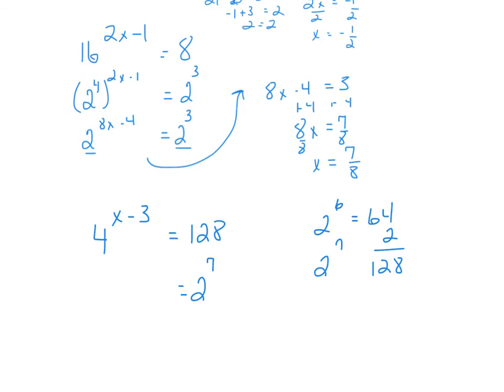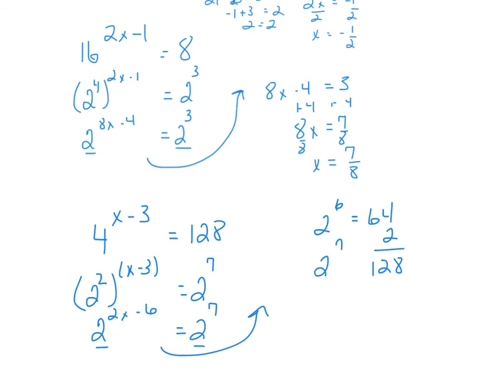If I rewrite 4, it's going to be 2 squared raised to the x minus 3. And now we have to multiply the x minus 3 times 2, so we get 2x minus 6 equals 2 to the 7th. Because our bases are the same, we can set our exponents equal to each other.